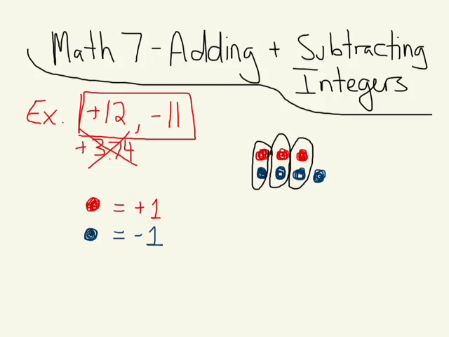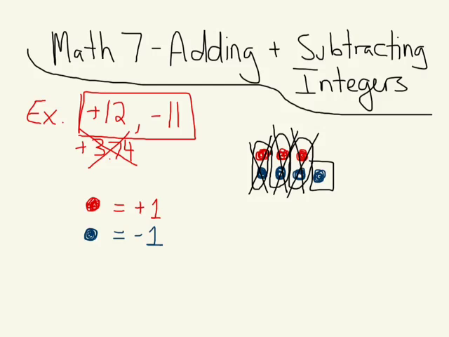Okay, and that's because positive 1 and negative 1, they cancel each other out. So each of those are 0 pairs, and all that we would have left would be this one blue chip representing a negative 1. So the sum of adding all of those integer chips up would leave you with negative 1. So that's a tool that you can use as you start thinking about combining different integers.